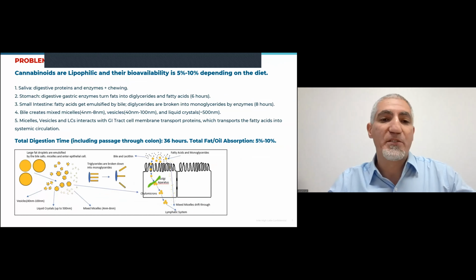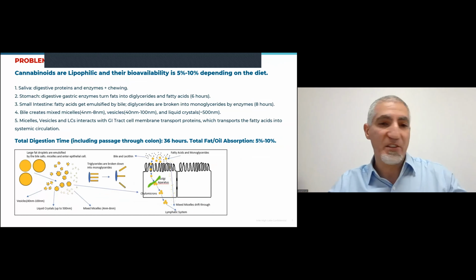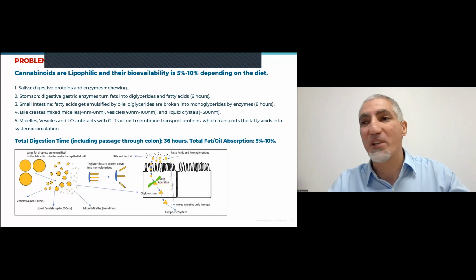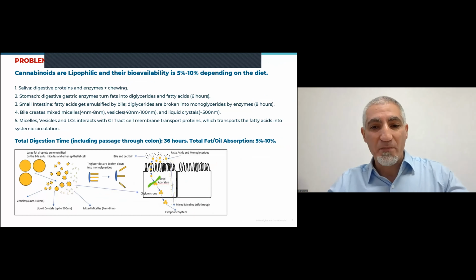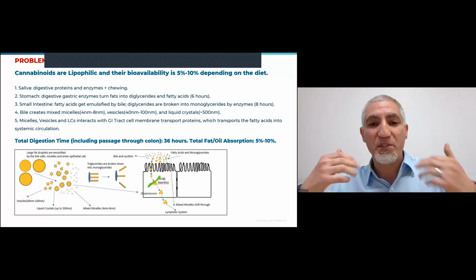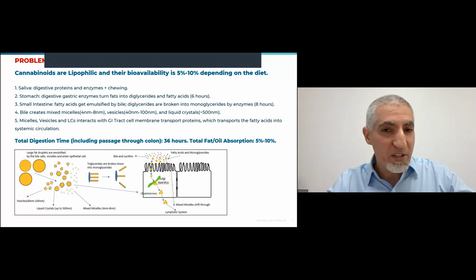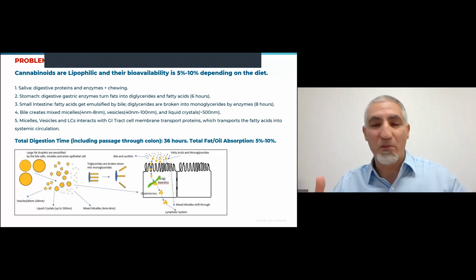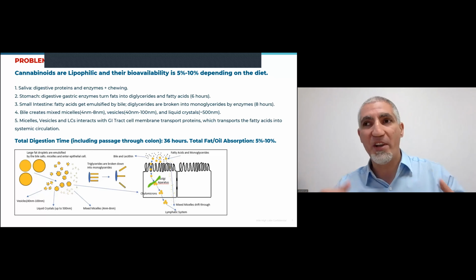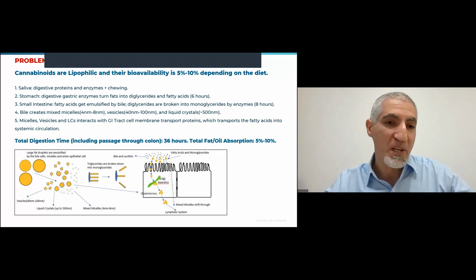As soon as you put the food in the mouth, there are digestive proteins and enzymes plus the chewing process. So some absorption happens in the mouth, and I'm talking about lipid absorption, right? However, food or beverages don't really spend that much time in the mouth, so not a whole lot of absorption happens.